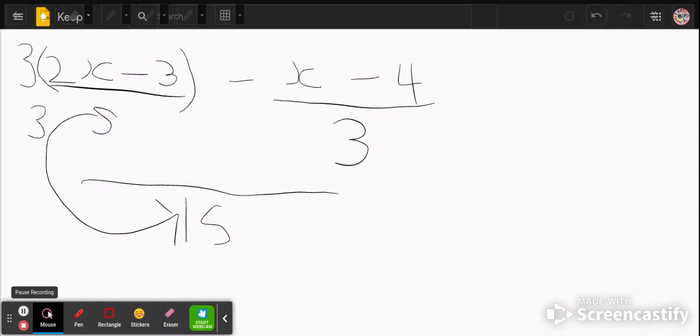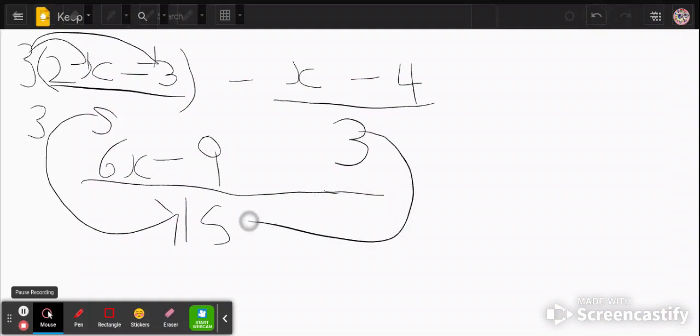So 3 times 2x is 6x, and 3 times negative 3 will give us negative 9. So 6x minus 9. Now we need to see how many times this 3 can go into 15, and that is 5 times. This 5 which we get here, right? We're going to multiply by the numerator of x minus 4.